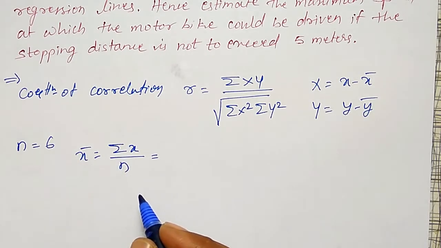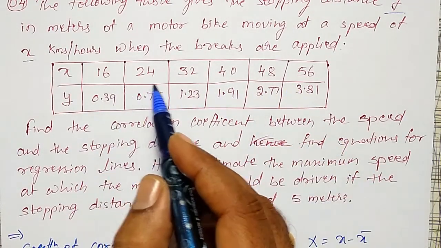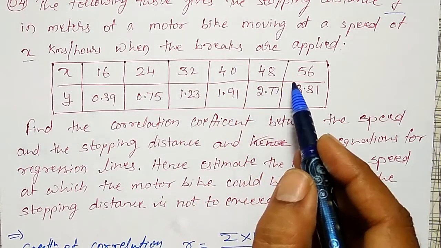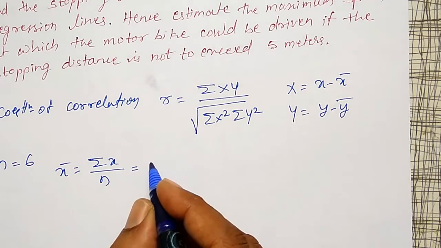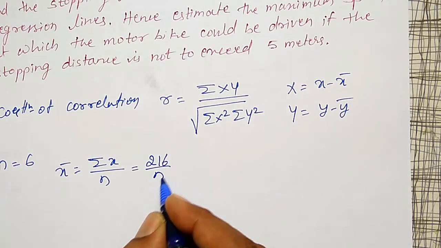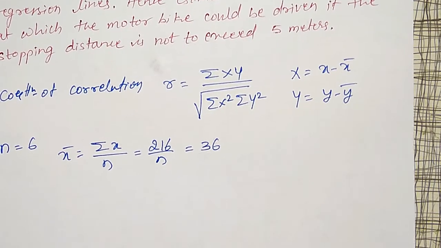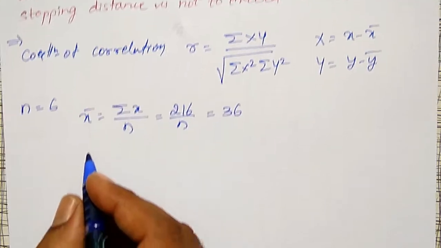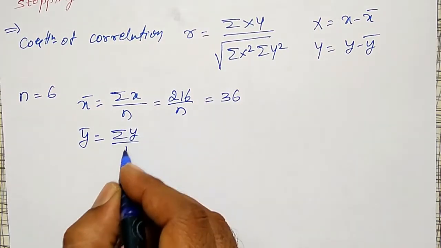The summation of x values, that is the addition of all x values, 16 plus 24 plus 32 plus 40 plus 48 plus 56, gives you 216, divided by n, which is equal to 36. Similarly, y bar is the summation of y divided by n.